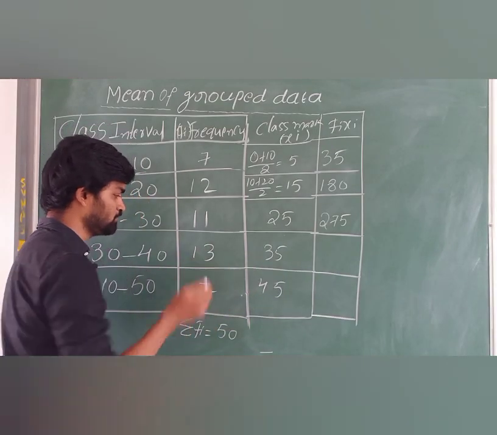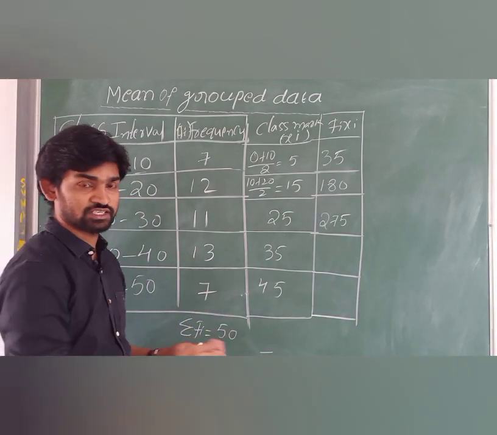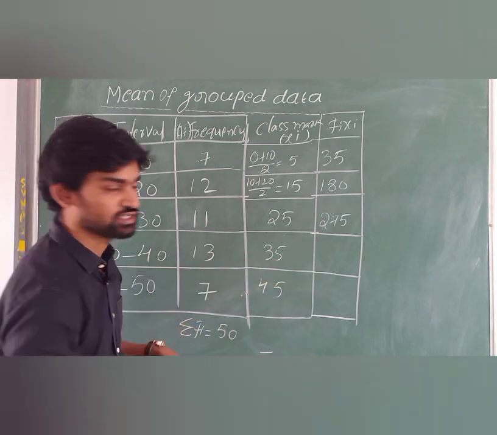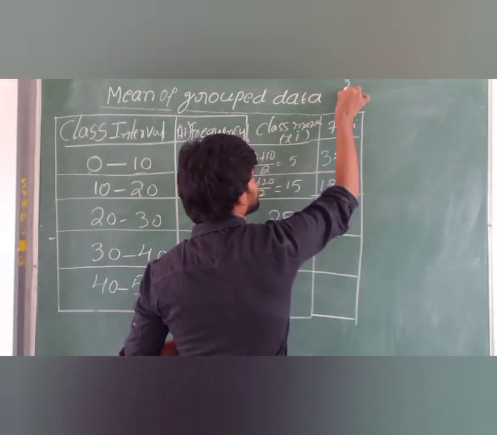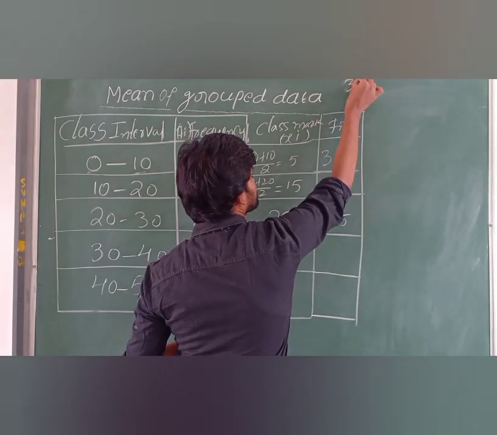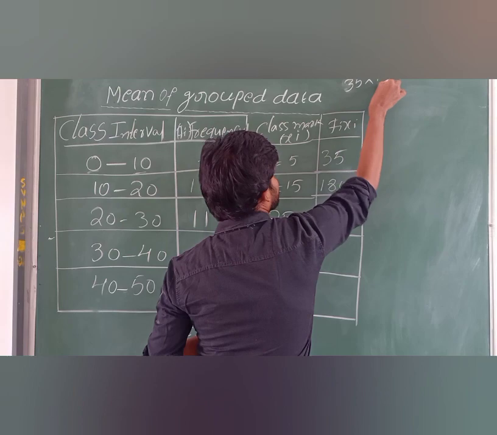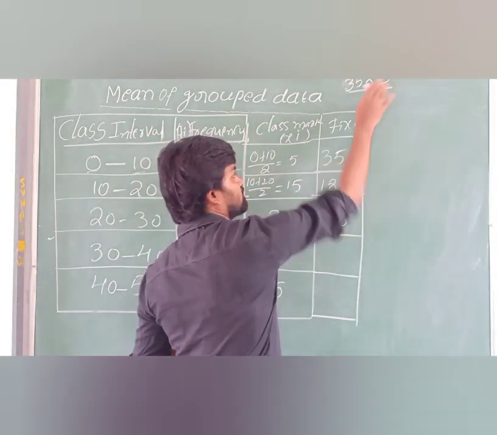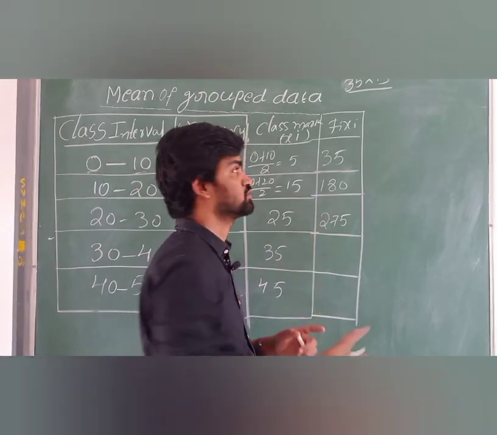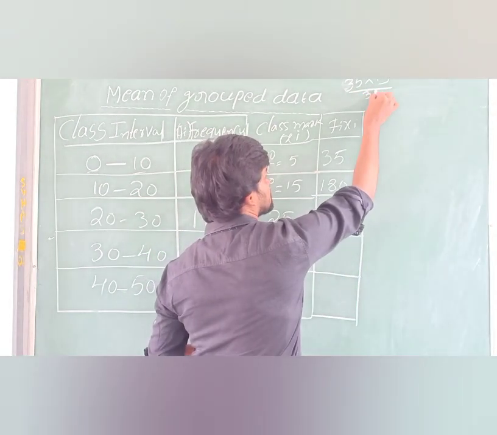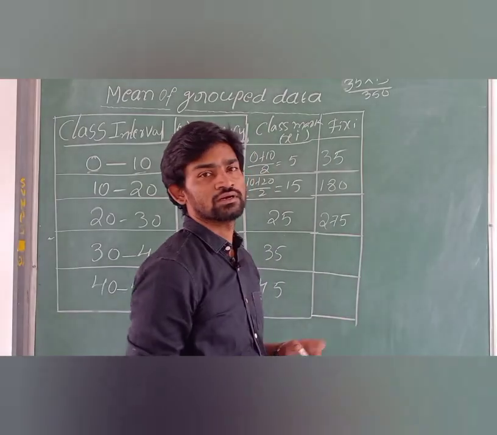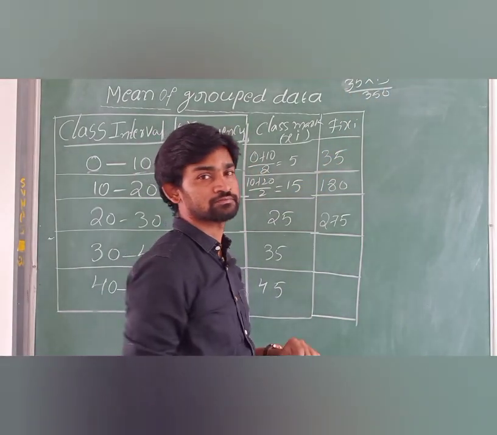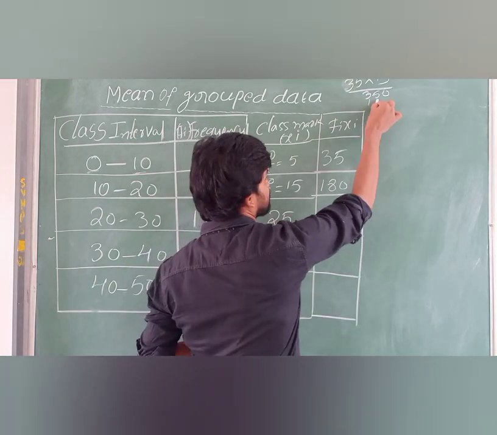Now 35 into 13. For these types of calculations, use a simple method. In the last class, a few students asked me this. 35 into 13: first multiply by 10, so 35 into 10 is 350. And 35 into 3 is 105.